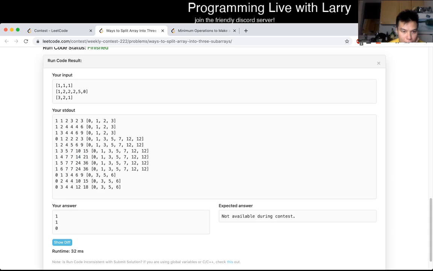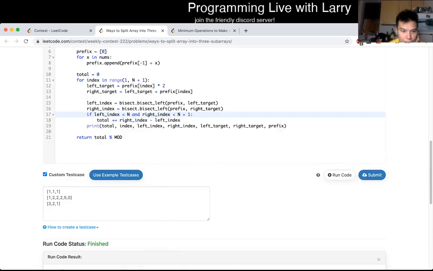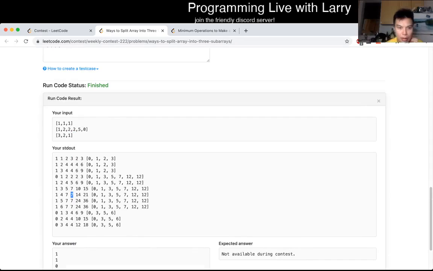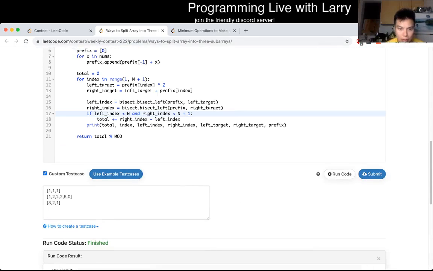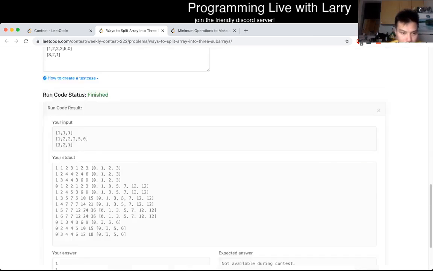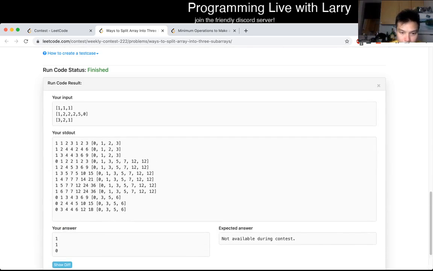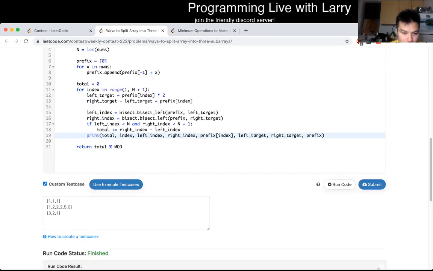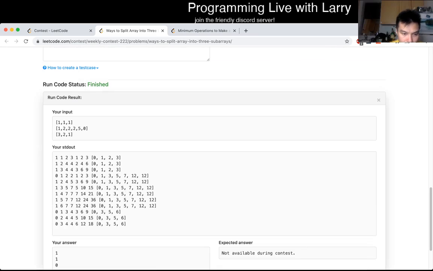Left target. Five, 10, 15, that sounds alright.